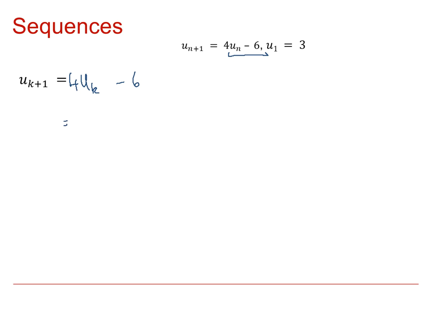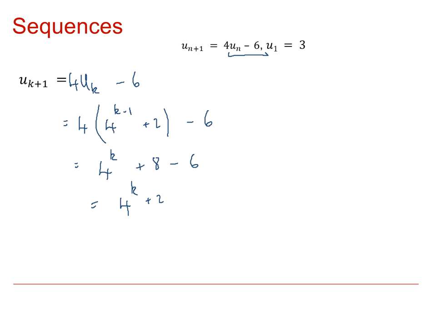So substituting that in, uk we're assuming is equal to 4 to the power k minus 1 plus 2. When we multiply that out, we get 4 to the power k plus 4 times 2, so plus 8, minus 6, or in other words it's 4 to the power k plus 2.